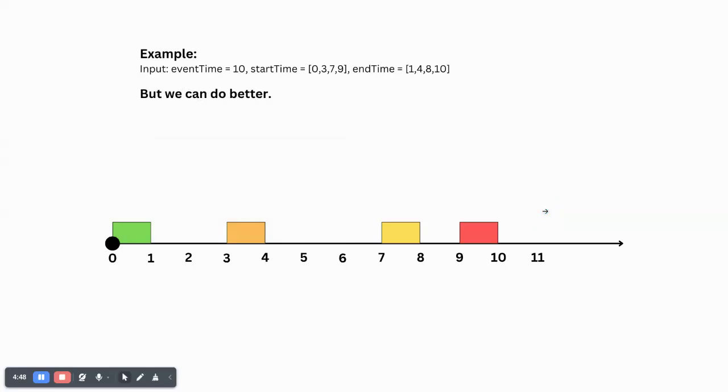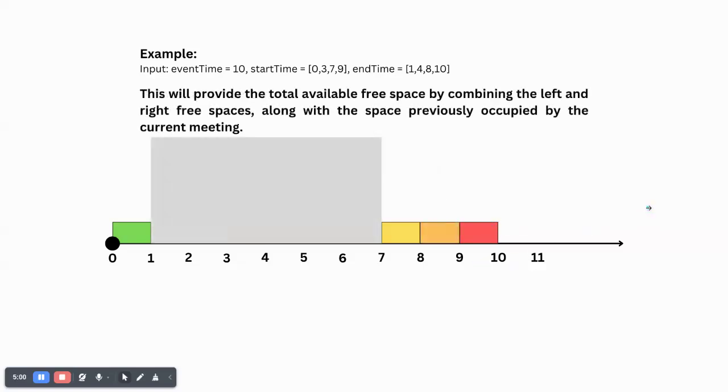But we can do better, right? Because the order doesn't matter. If you see this space, it's free, so we can place this meeting there. Whenever we do such an arrangement, it will provide the total available free space by combining the left and right free spaces along with the space previously occupied by the current meeting.